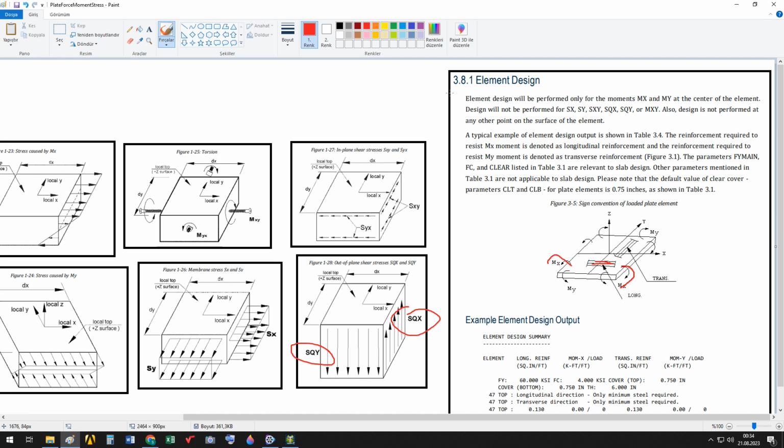As you see, that is my. And in this direction, this reinforcement is formed. Now we have learned this. Okay. Now that's clear.